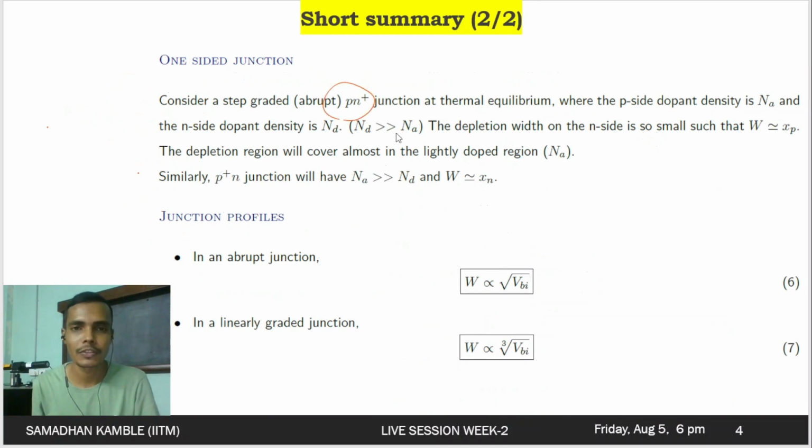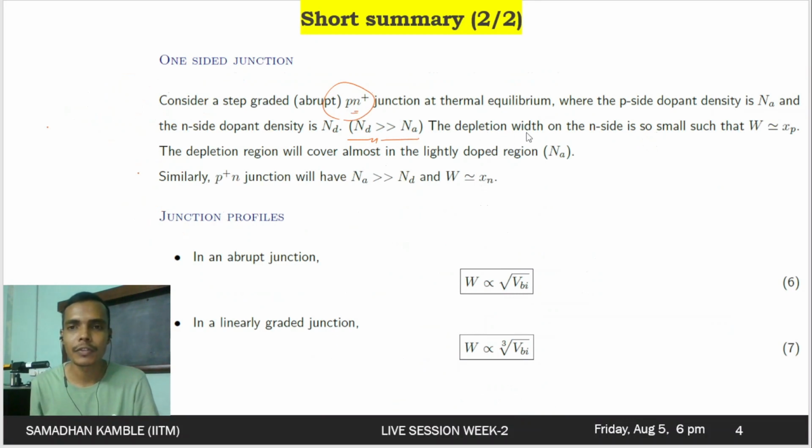So this is a junction. As we can see, the N plus is the region where the plus actually indicates that the doping density in this region is way higher than in the adjacent layer, that is, the P layer.